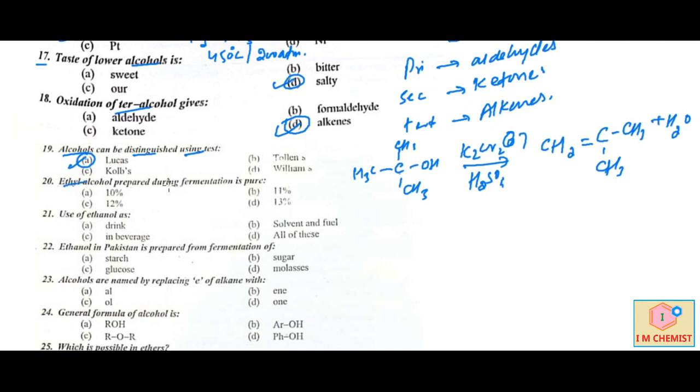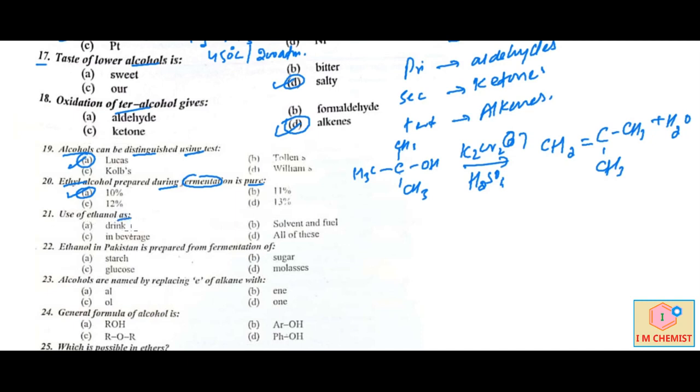MCQ number 20. Ethyl alcohol prepared during fermentation is pure up to what? Ethyl alcohol prepared from fermentation is pure up to 10%, so option A is correct.